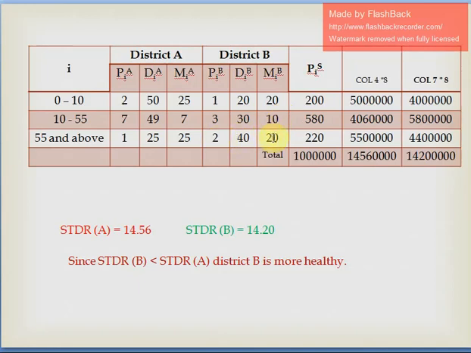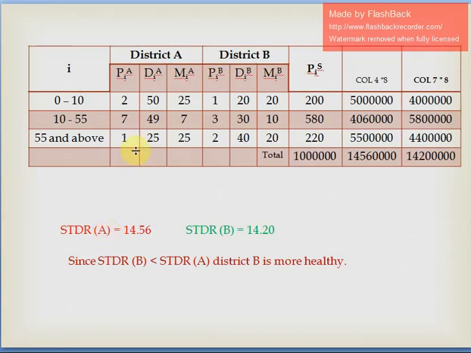Once we calculate MIA and MIB, the standard population is known, given in thousands: 200,000, 580,000, and similarly 220,000. To calculate the standardized death rate for A, what is the formula for STDRA?